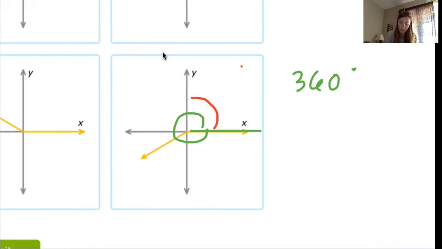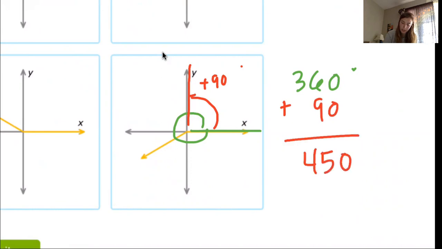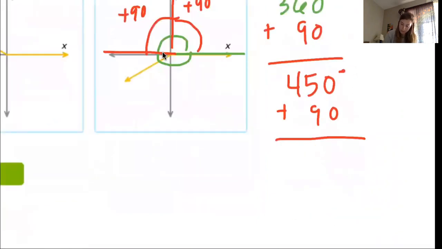This is 90 more, so plus 90 degrees to get to here. So 360 plus 90 is what? 450 degrees. Okay, so I'm at 450. I'm getting closer. Okay, now I do another 90 more to get to this part. So 450 plus 90, what does that equal?